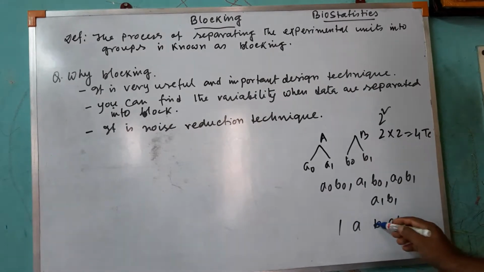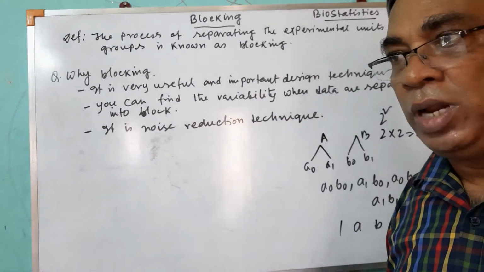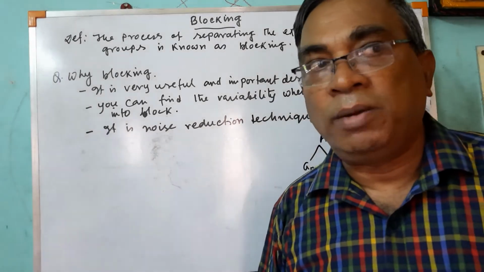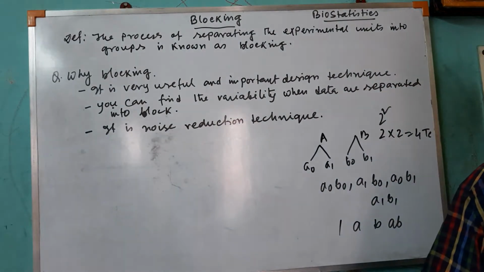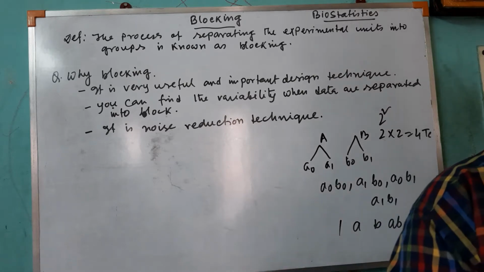So we have to arrange these 4 treatment combinations into blocks, that is known as blocking. Blocking is very important in factorial design, in design of experiments, because let's see an example, then you will understand clearly.